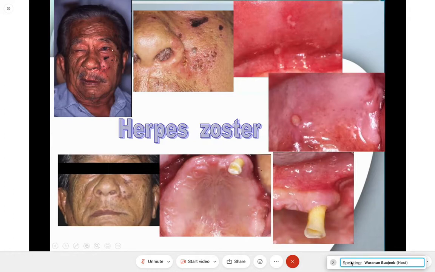It also seems the patient got Bell palsy. And here after the medication, you can see the healing of the skin lesion and of all the oral lesions. The patient is back to normal after the treatment.